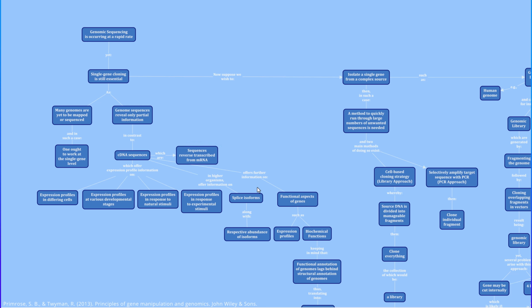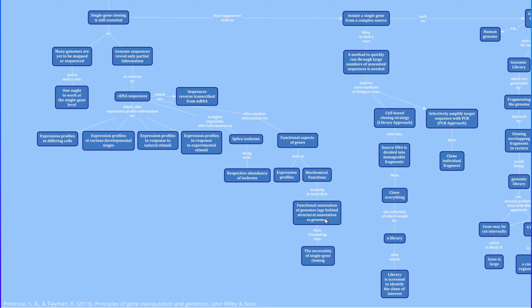And it offers further information on the functional aspects of genes, such as expression profiles and biochemical functions, keeping in mind that the functional annotation of genomes always lags behind the structural annotation of genomes. And this makes sense. You have to know the structure in order to get to the function of a particular annotation. And this translates into the necessity of single gene cloning.